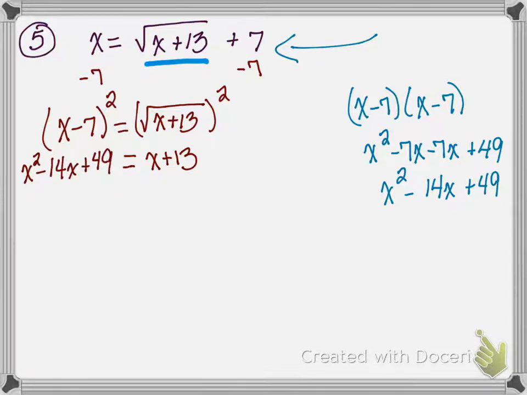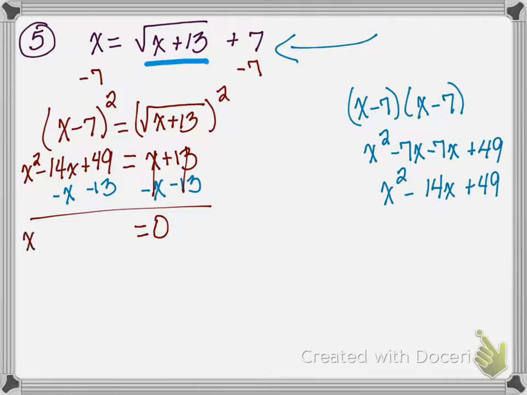Now, because it's a quadratic, I've got to set it equal to 0. So my next step is I am subtracting x from both sides, and I am subtracting 13 from both sides. When I do that, I have 0 on the right-hand side.